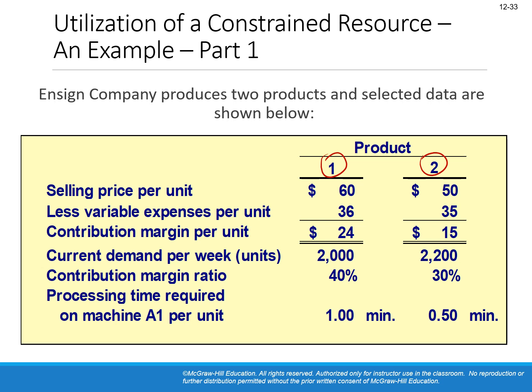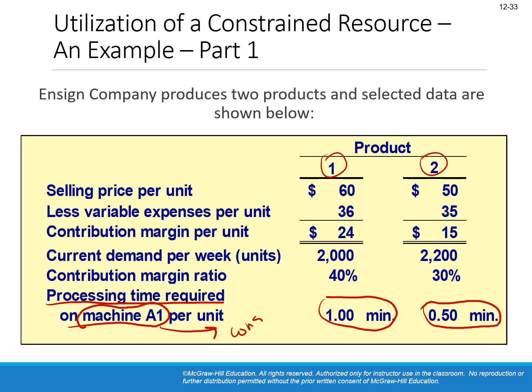The current demand per week is 2,000 units for product 1 and 2,200 for product 2. The processing time required on machine A1 per unit is 1 minute for product 1 and 0.5 minutes for product 2. So this machine A1 is the constraint. Okay, this is the given.